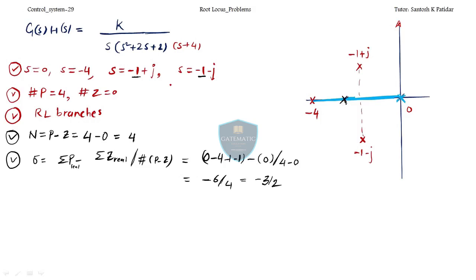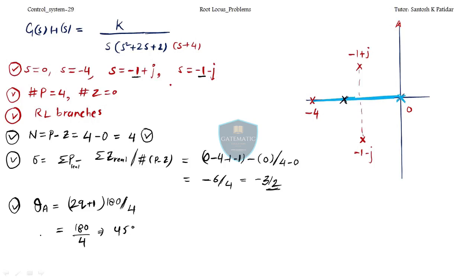From this centroid point you will be having 4 asymptotes. Now you need the angles also, so you can easily draw your asymptotes. The formula is (2q plus 1) times 180 degrees divided by p minus z, that is 4. So the first one is 180 divided by 4, so it is 45 degrees.